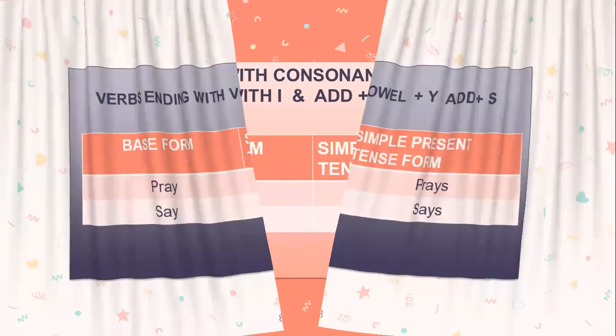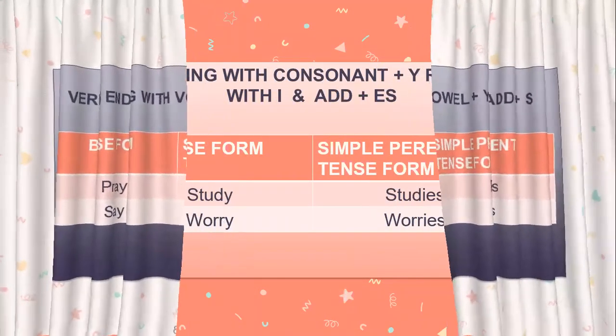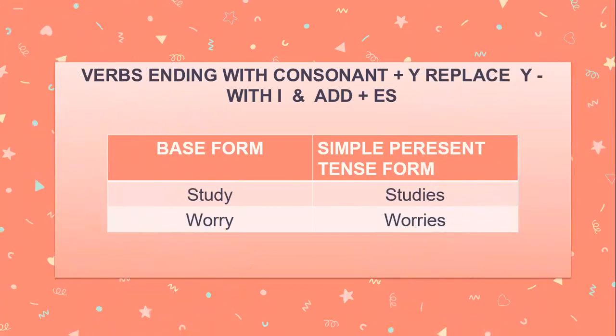Now let's move to the next part. Verbs ending with consonant plus y: if the verbs are ending with consonant plus y, then replace y with i. You now know what vowels and consonants are. I have explained it in class also, right? Vowels, which you are learning from KG class, are A, E, I, O, U, and the remaining letters are the consonants.